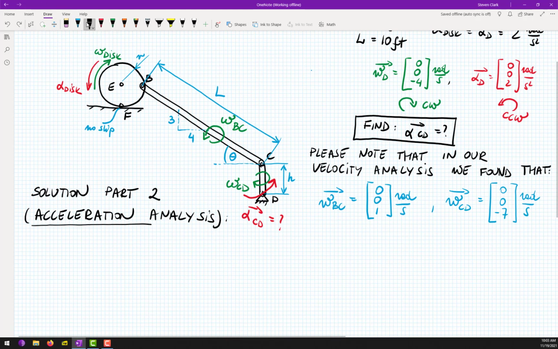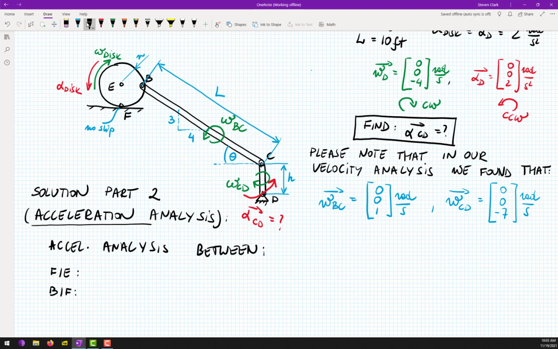I would like to run acceleration analysis between these points: between F and E, then B and F, then C and B, and then D and C. We must do it 4 times for this mechanism in order to figure out the answer to the question.